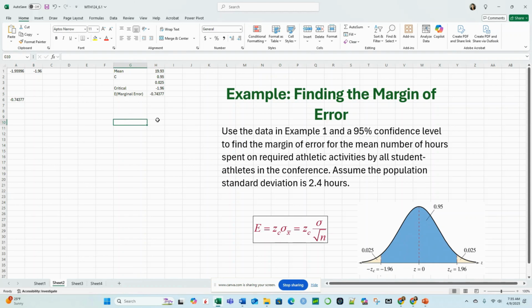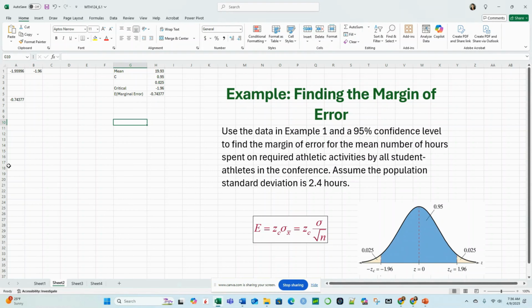I suggest until you get the final confidence bound, keep the marginal error as it was, as given from the calculation in Excel. We don't want to change it around, otherwise we get more error.